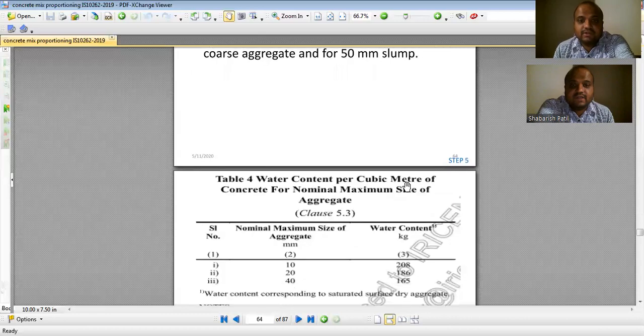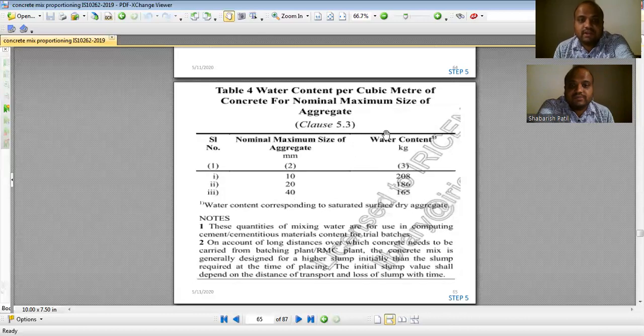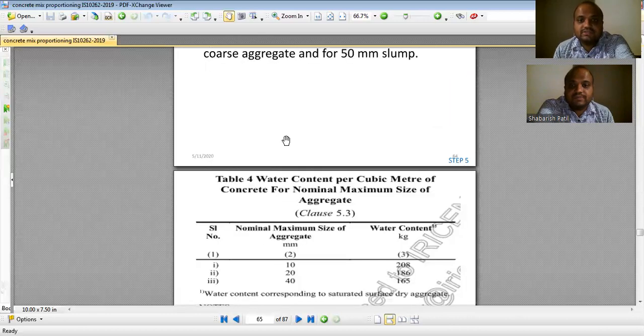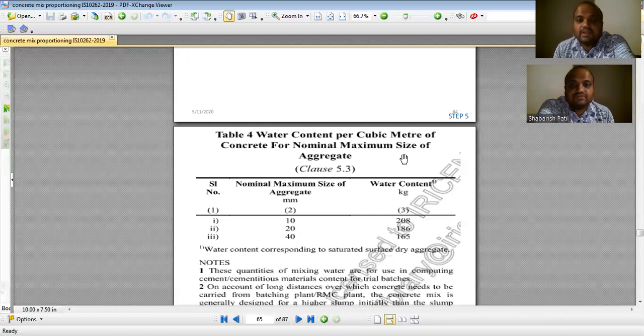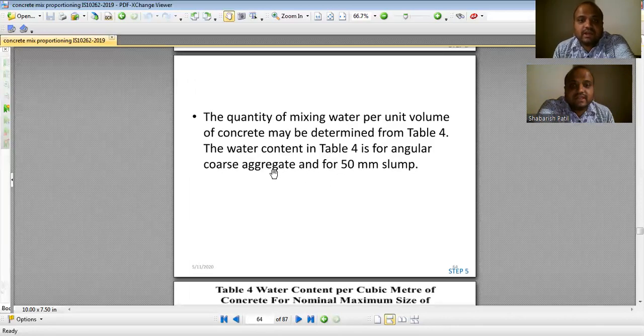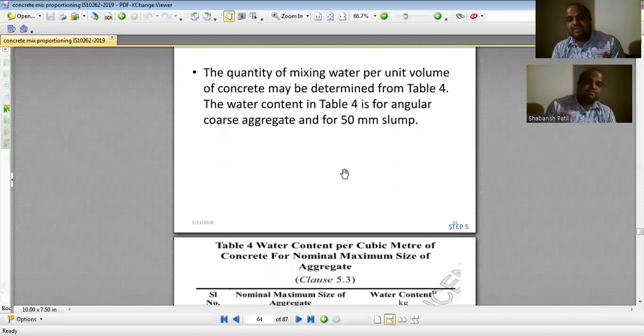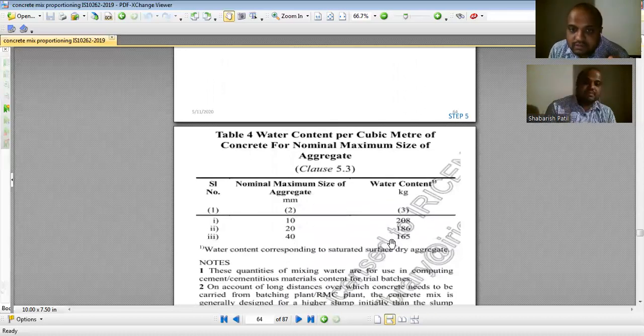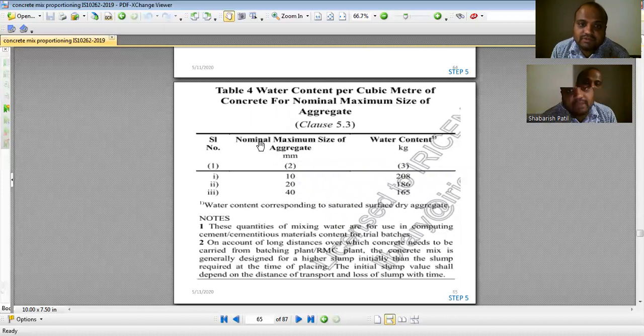The standard value of Table 4 is for nominal maximum size of aggregate of 10, 20, 40 mm, where they consider angular coarse aggregates and a 50 mm slump. If my aggregate is angular coarse aggregate and my required slump is 50 mm, I should use the value given in Table number 4.